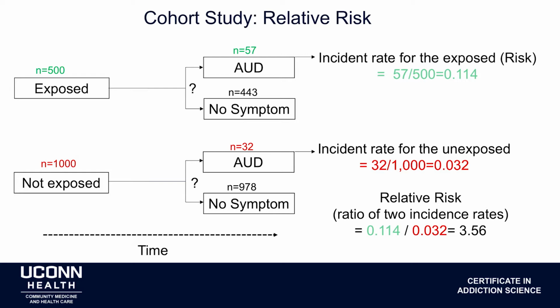And the other group is the unexposed group, with 1,000 people, and 32 develop alcohol use disorder. So what's the incidence for the exposed? It's 57 over 500. What's the incidence rate for the unexposed group? It's 32 over 1,000. So relative risk is very clear, right?